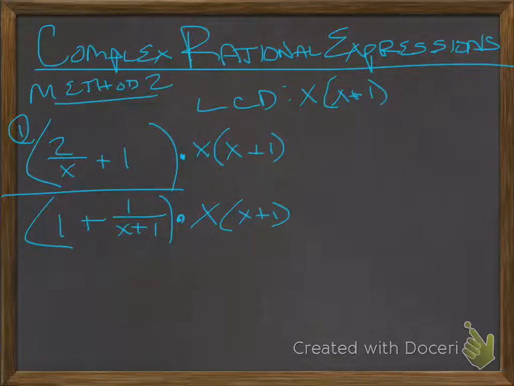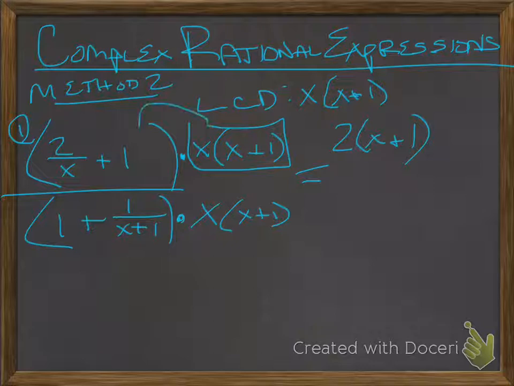So I'm going to be left with 2 times x plus 1. And then I need to multiply this whole thing with 1. Well, nothing cancels out there, so plus x times x plus 1.